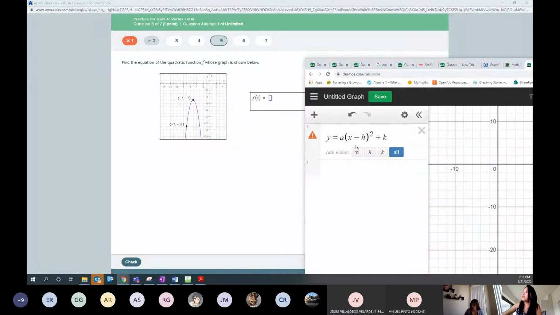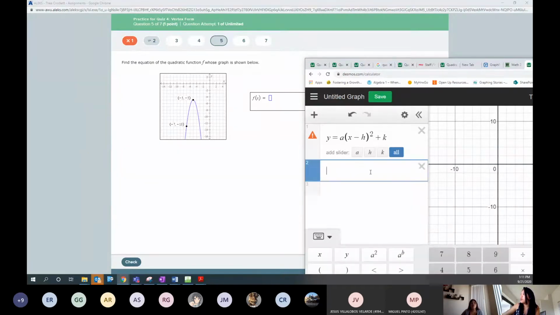And the vertex form, the equation here at Desmos, is y equals a(x minus h) squared plus k. And we know that h and k is always the vertex. So knowing that h and k are the vertex, the vertex for the question is -5, -5.